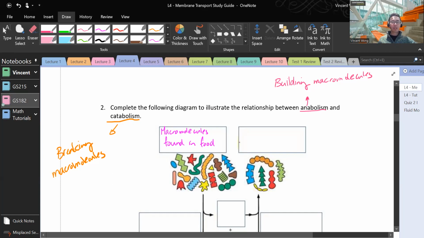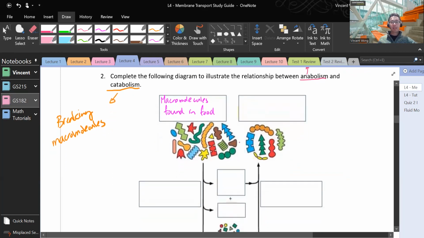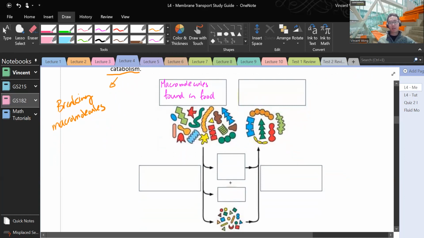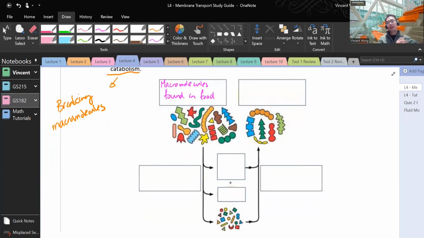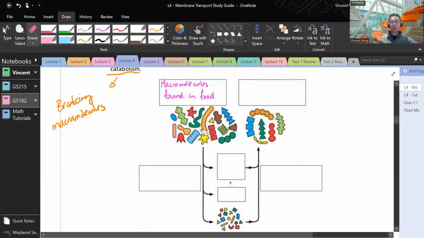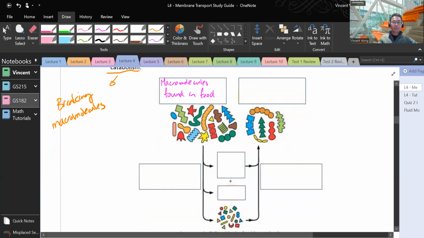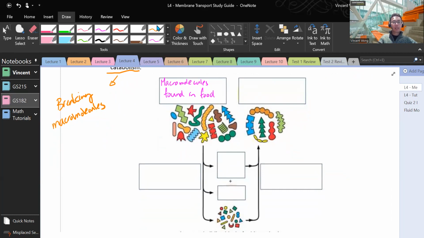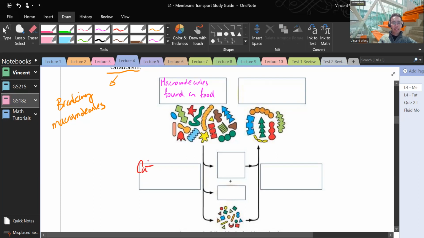All those are macromolecules in the food. So once we eat them, it's going to go into our body, and we will digest them. And eventually, we're going to have to break down the food molecules on the molecular level. And to do that, we are going to be doing what we call catabolism. Okay, so over here, catabolism, or catabolic reactions. Okay.